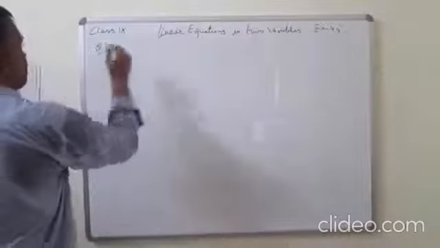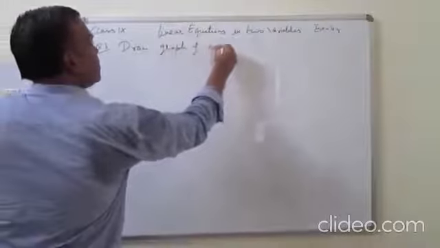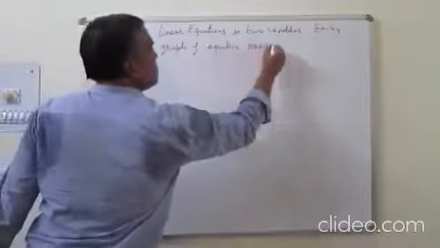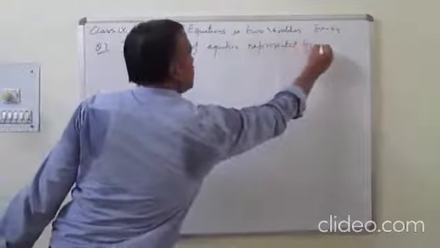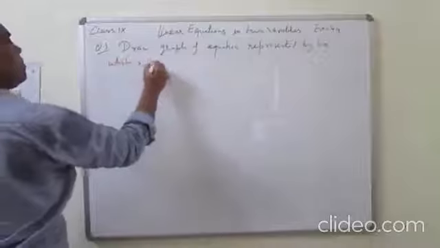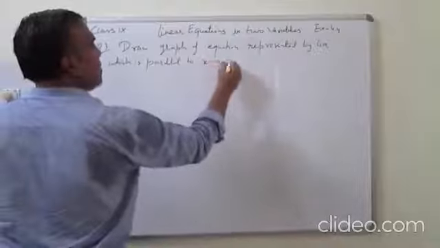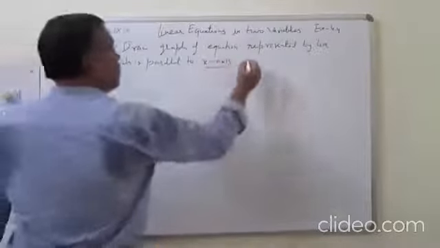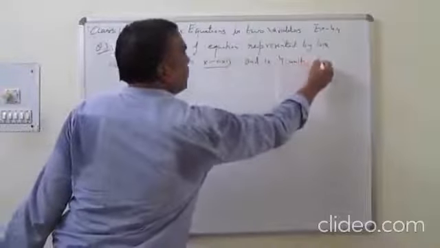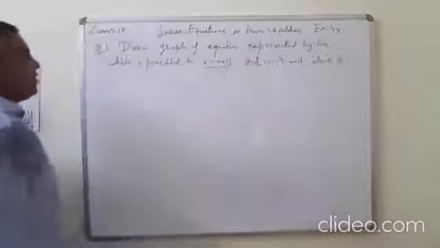Draw the graph of equation represented by the line which is parallel to x-axis, and is 4 unit above it, parallel to x axis and 4 unit above it.